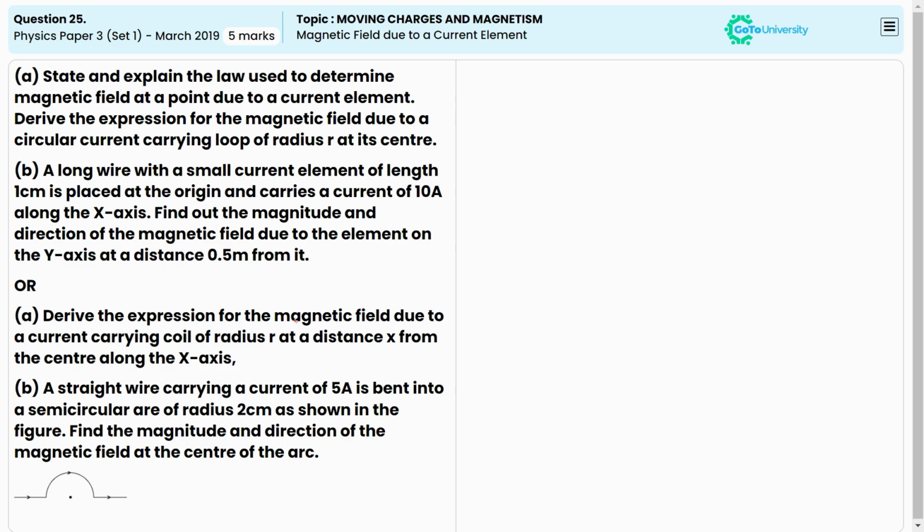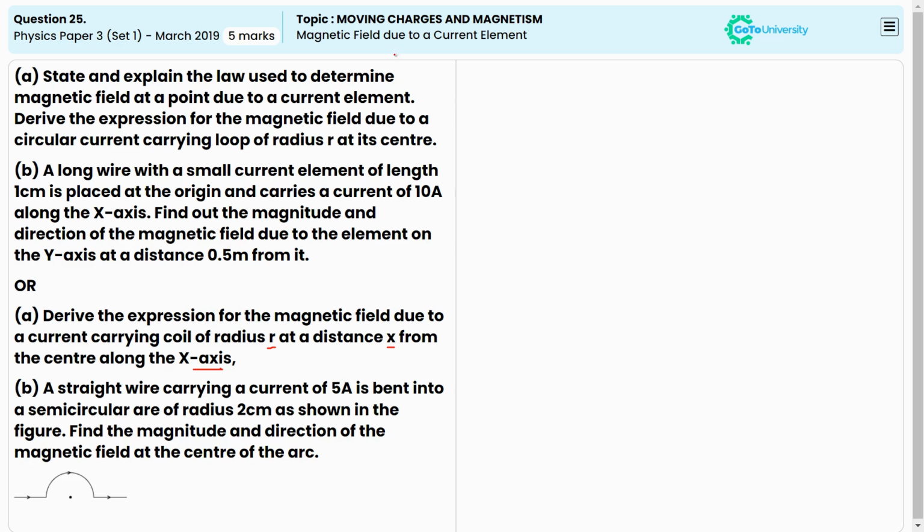Derive the expression for the magnetic field due to a current carrying coil of radius r at a distance x from the center along the x-axis. Okay. So the magnetic field derivation we can do with the help of Biot-Savart law.